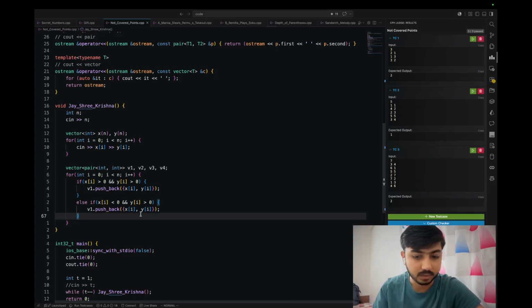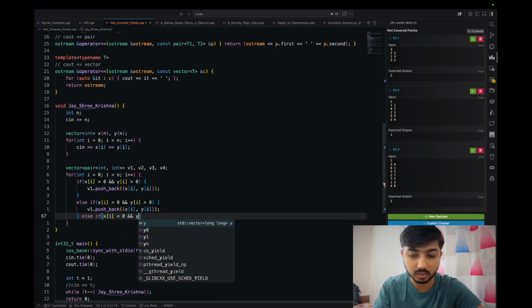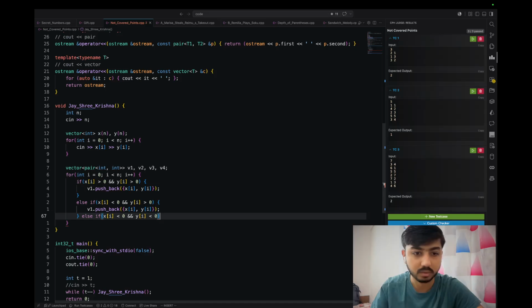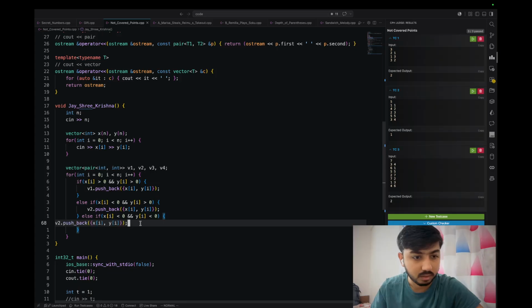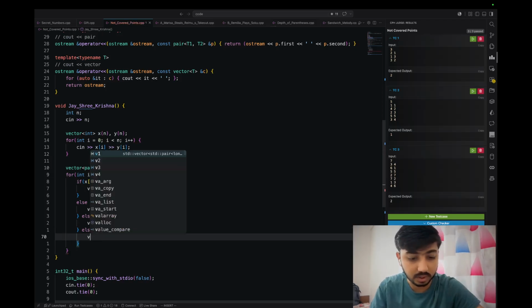Else if both are negative, then it's the third quadrant. Otherwise, it belongs to the last quadrant.